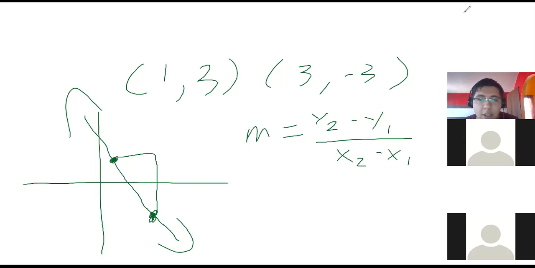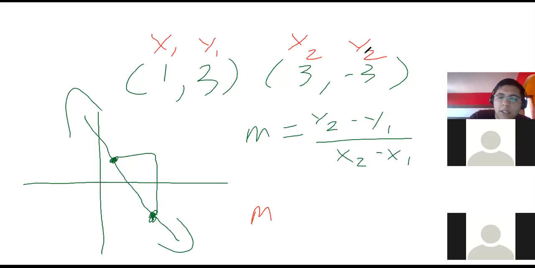So the difference going up divided by the difference going to the side. Let's start off by labeling the points: we have x1, y1, and we have x2, y2. So what should our formula look like?